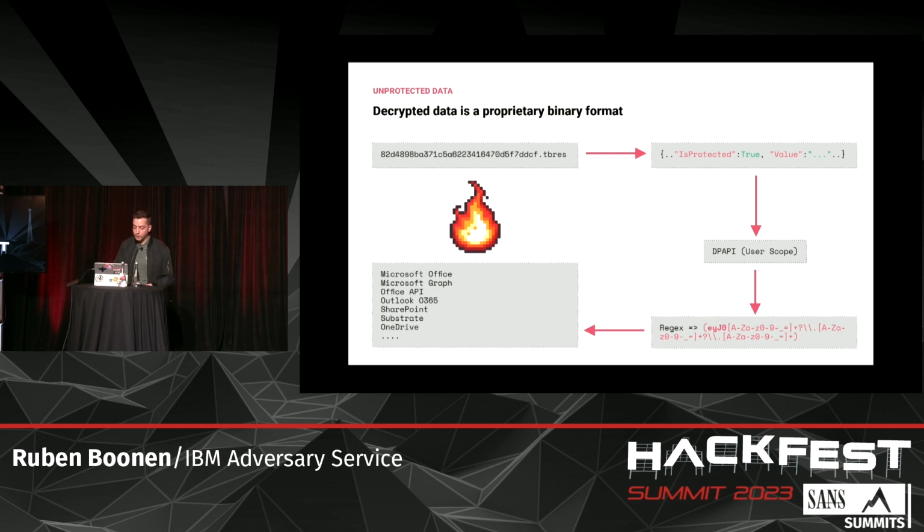If you run that over all of those files, you'll find many JWTs for a variety of stuff. When I did this on my enterprise laptop, you test in production, right? I found 17 JWTs, and you can see some of them here, for Office, Graph, O365, SharePoint, OneDrive, all that good stuff.